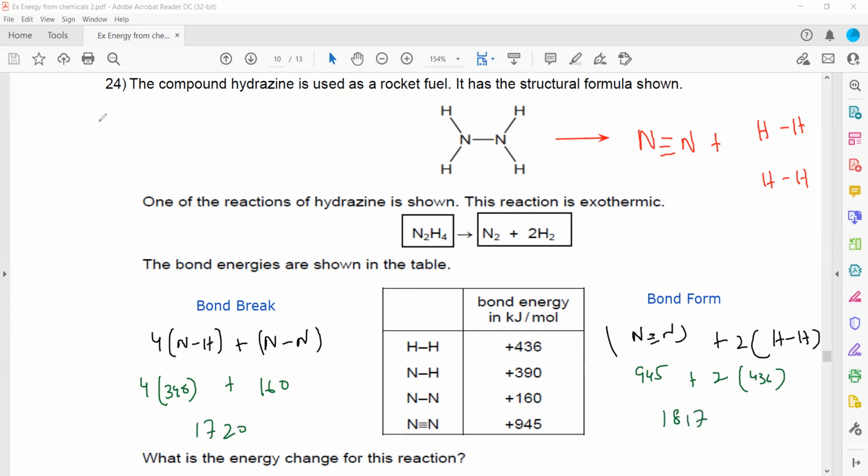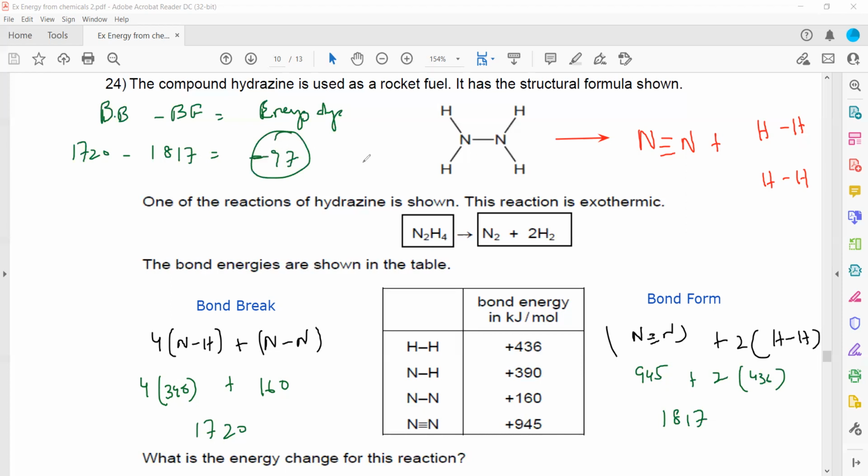To calculate the energy change, it is bond breaking minus bond forming, that will give us the energy change. So bond breaking is 1720, bond forming is 1817. This will give us minus 97 kilojoule per mole.